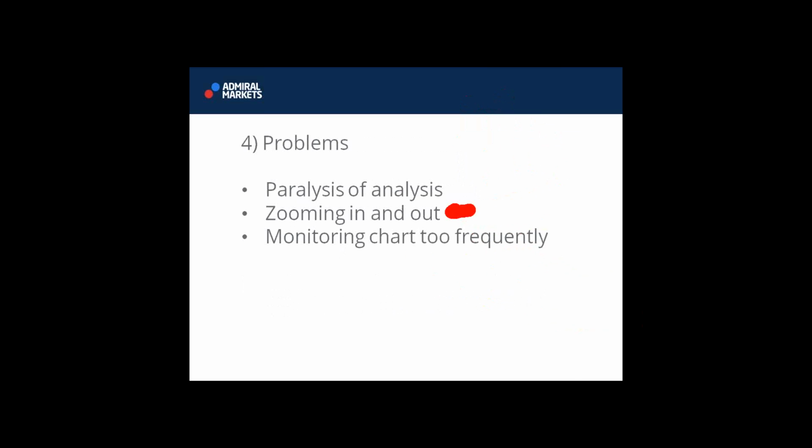So we want to keep it more structured. Zooming in and out is good, but we don't want to overdo it because it could be bad. Also, monitoring the chart too much could be bad because we get enticed to make decisions at the wrong point. For instance, if you have a strategy where you're looking at the hourly chart to make decisions, then there's really no need to look within the hour.